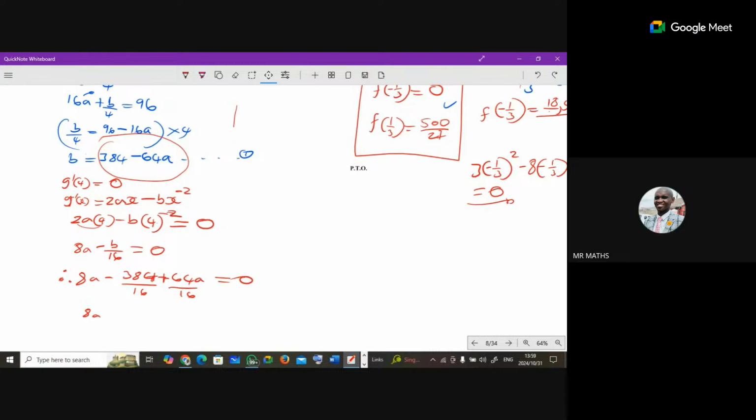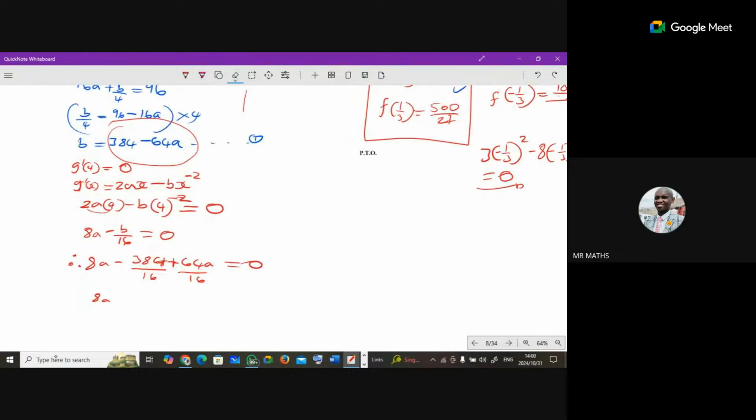Whatever you are substituting, the sign changes. But if you split, the negative sign you put as it is. When you split, it won't confuse you. So it means the sign changes: 384 becomes negative and the negative 64a becomes positive.